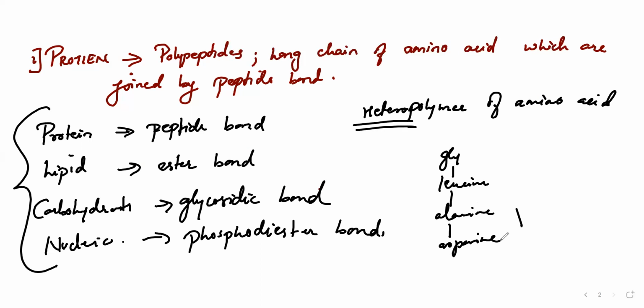In this polypeptide chain, you basically have two terminals, out of which the first amino acid terminal is called the N-terminal, and the last one is called the C-terminal. That is NH2 and OH. So the first terminal of whatever polypeptide chain is N, whereas the last one is called the C-terminal.